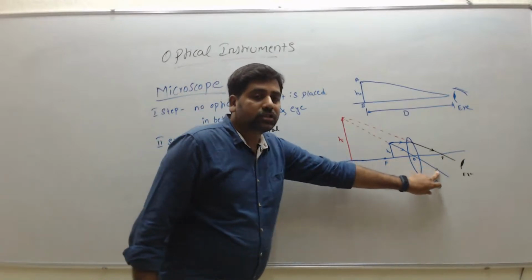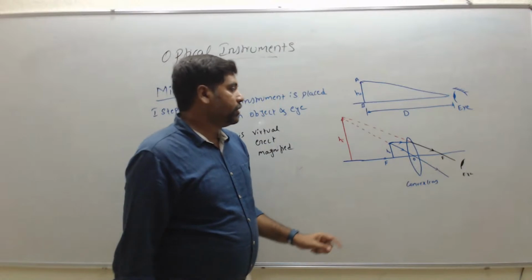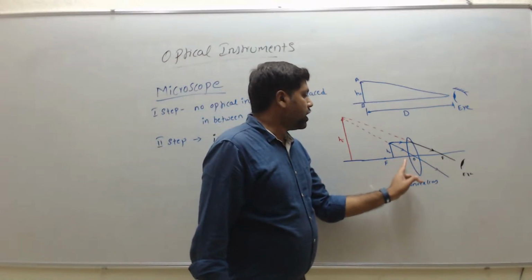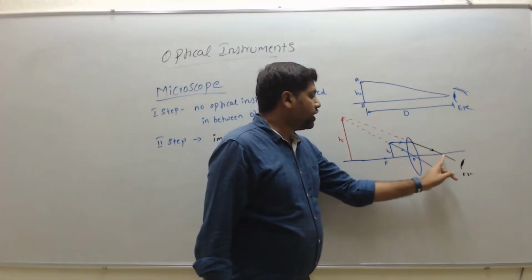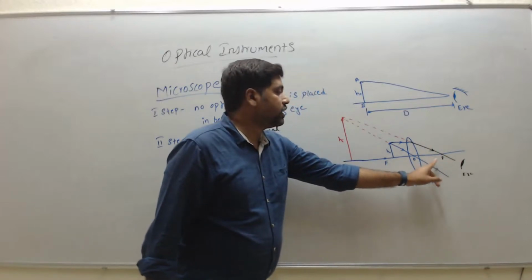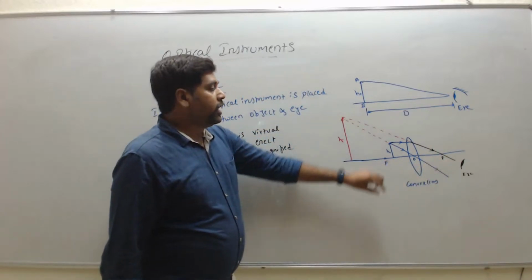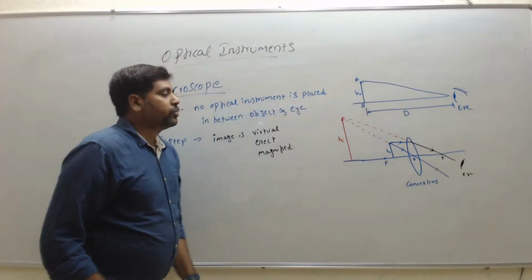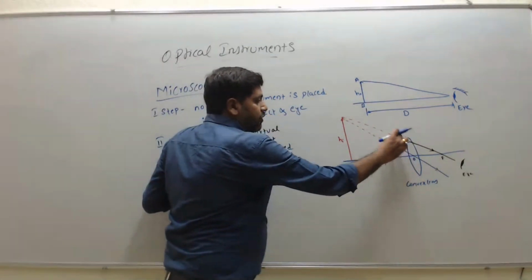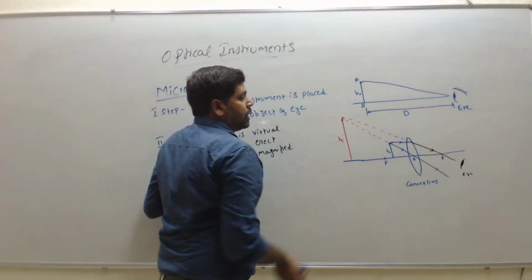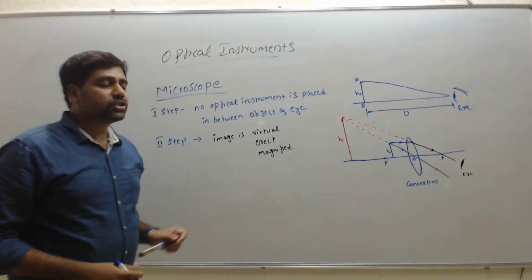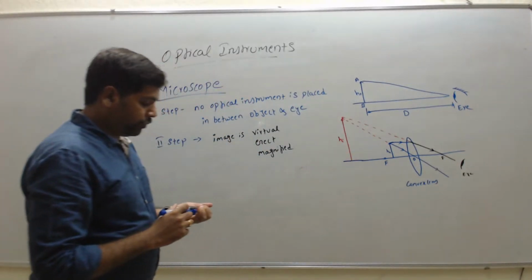The refracted ray of the ray passing through the optic center goes straight without any deviation, and the ray parallel to the principal axis always passes through the focus, that is, the second focal point. If we produce these refracted rays backwards, they diverge from one point. That point we call the image of the object.